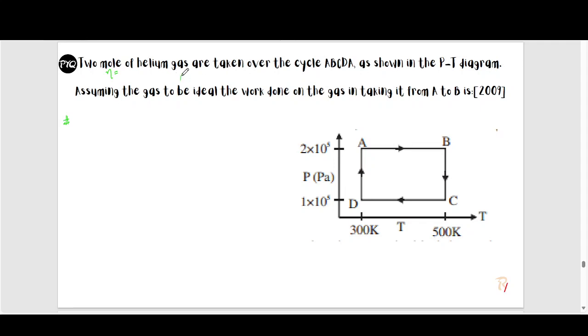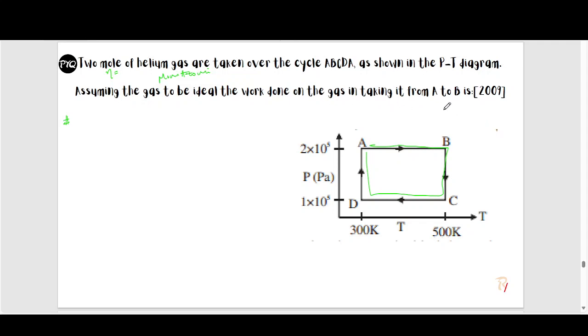Helium gas is nothing but monoatomic gas. They are taken through a cycle ABCDA, a cyclic process on a PT graph.